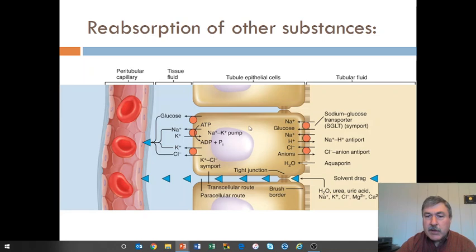So that increases the concentration gradient of things like glucose and also chloride and amino acids in the cytoplasm of the tubular cells. And then useful substances like glucose can be transported by facilitated diffusion across the basolateral membrane.